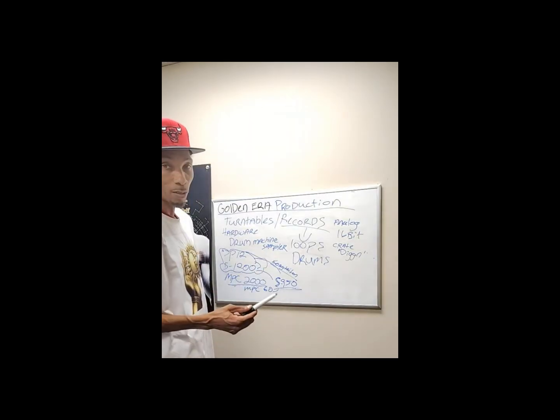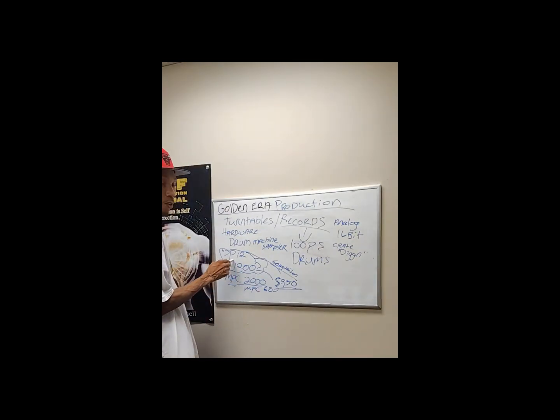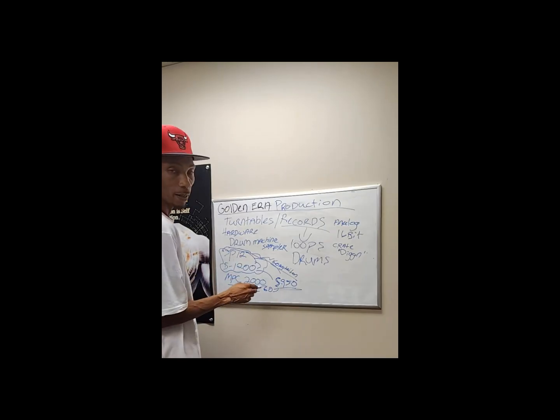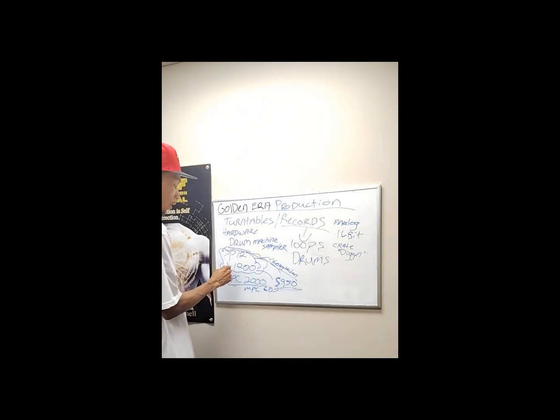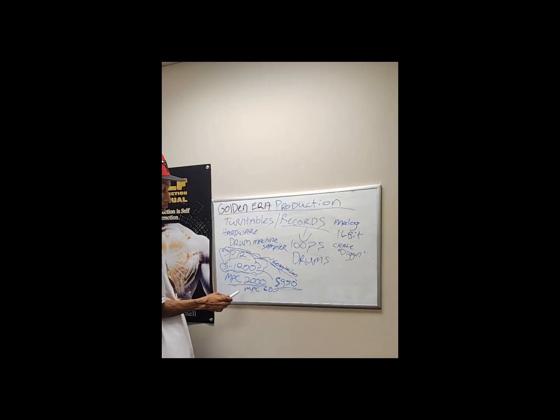Your hard drums, the thickness of those drums, that's what you want. You want to get your SP12, SP1200. Now, these are not really cheap tools. They're still around $1,000, I think, or maybe a little less, but somewhere around there.